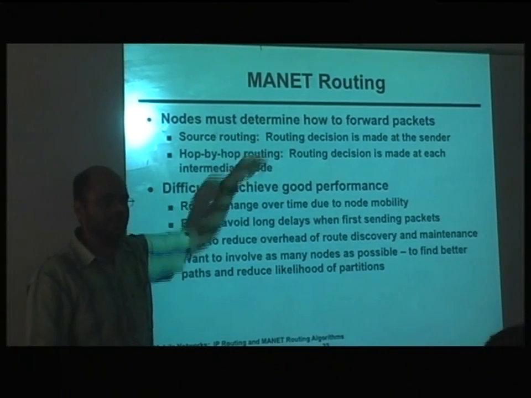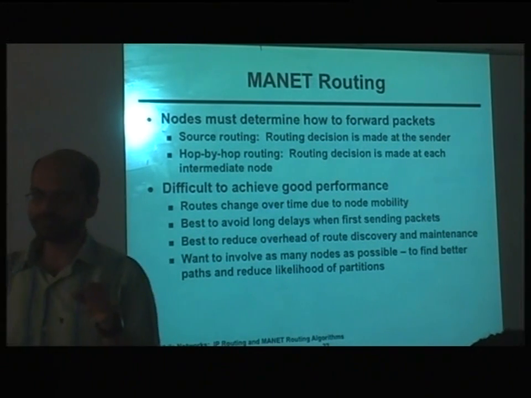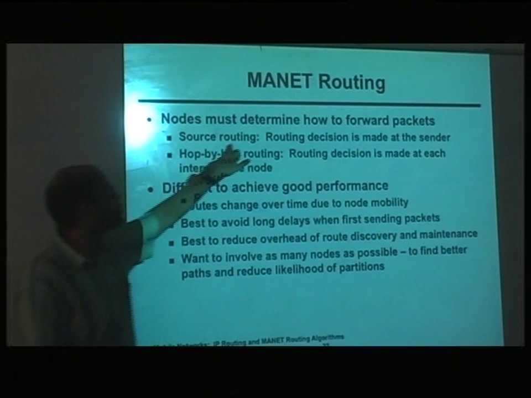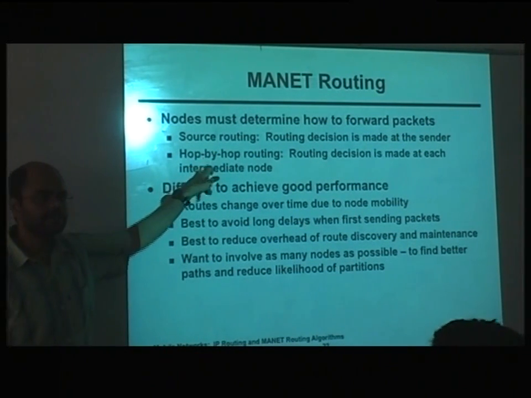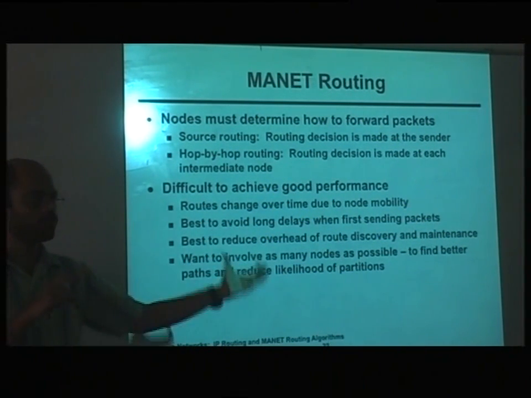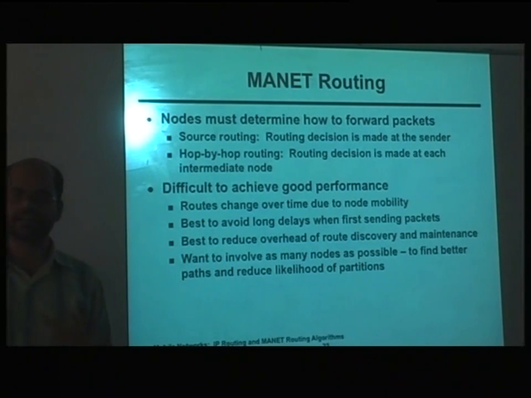So we need to find out a routing algorithm now for MANET routing. We can either use source routing. That means the source node decides the entire route. And what is that routing called? In the traditional internet, when the source node decides the entire route, what is the routing algorithm that we use?